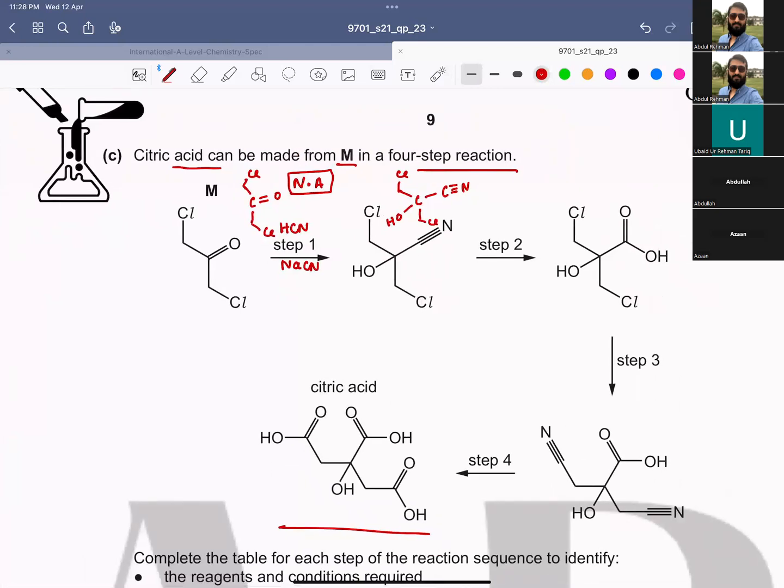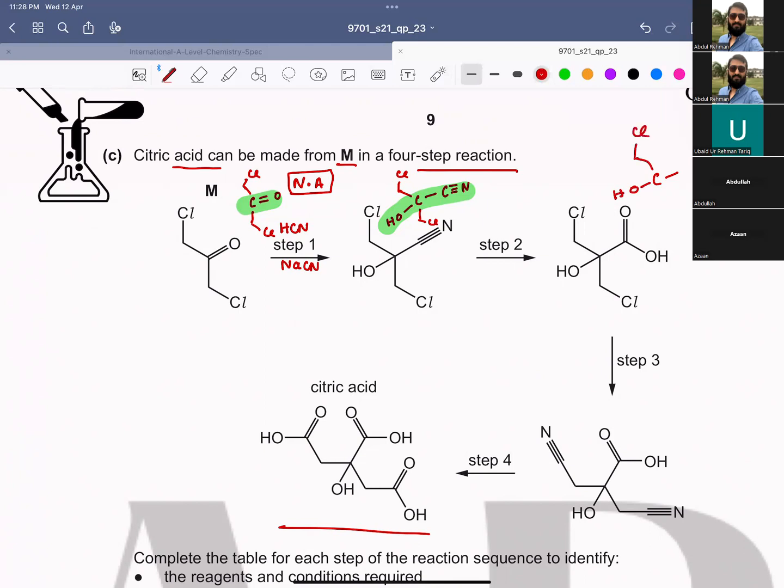Now, if you see in step 2, let me highlight the area where the change is seen. This is converted into this. Now, if you look at the product of step 2, this carbon and this OH remain the same.